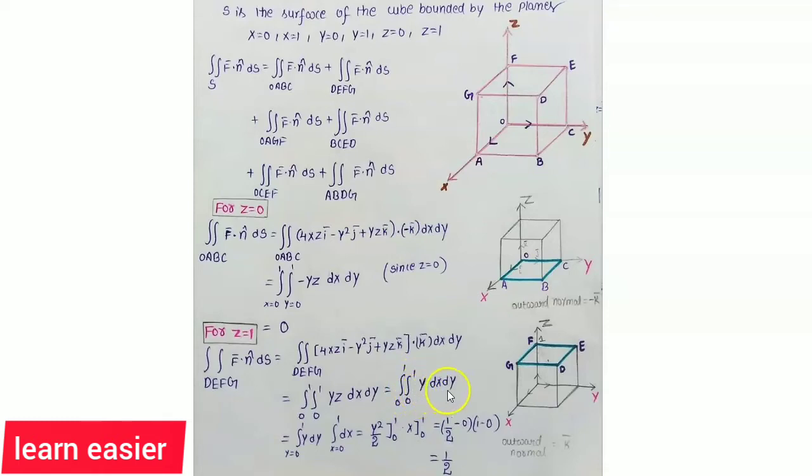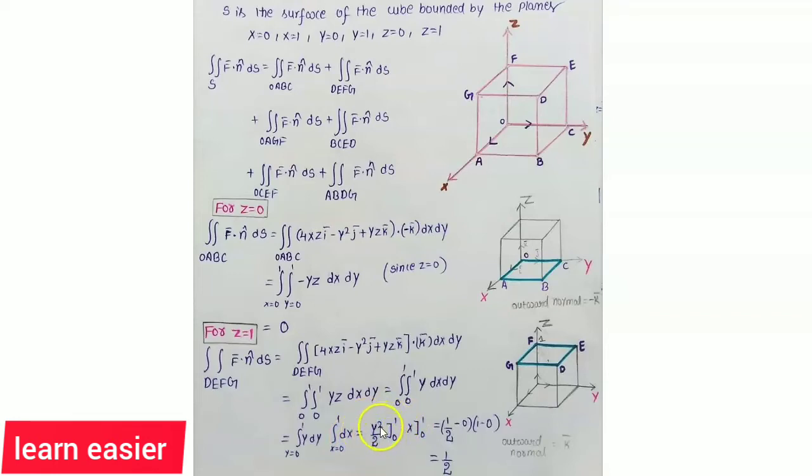y dx dy. So let's integrate separately. So here integral y dy for y equal to 0 to 1, and here integral dx for x equal to 0 to 1. So integral of y is y square by 2 from 0 to 1. The integral of dx is x from 0 to 1. Now let's substitute the limits of y.